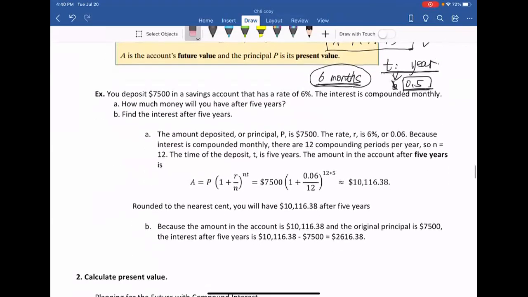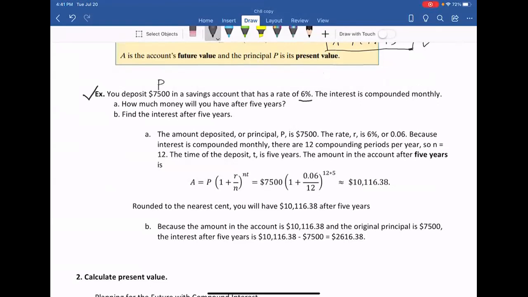Okay, let's see the question. Let me clear this up. In the example, you deposit 7,500 in a savings account that has a rate of 6%. The interest is compounded monthly.